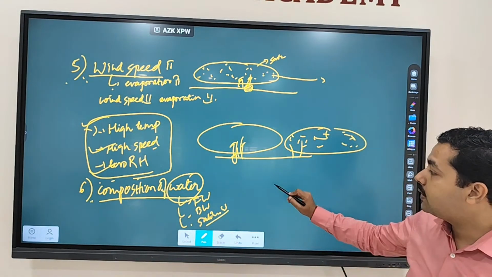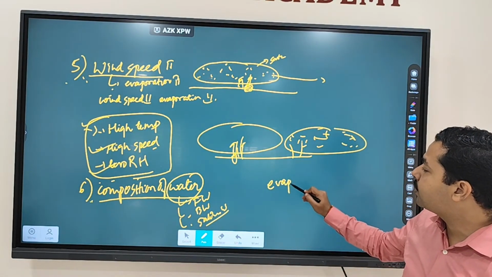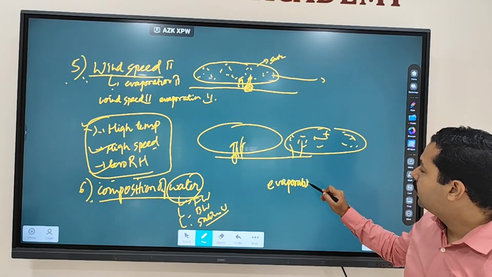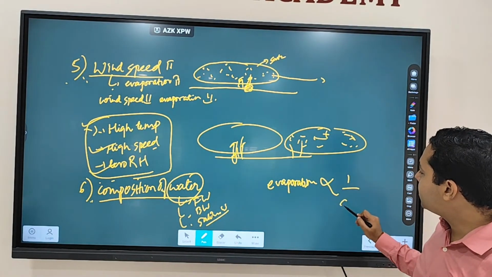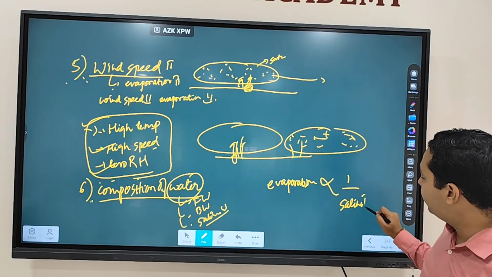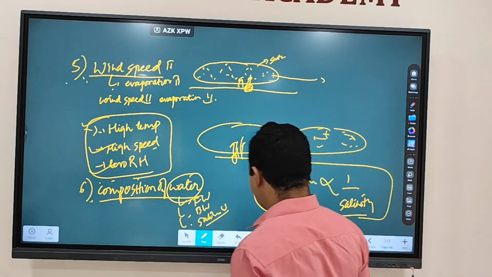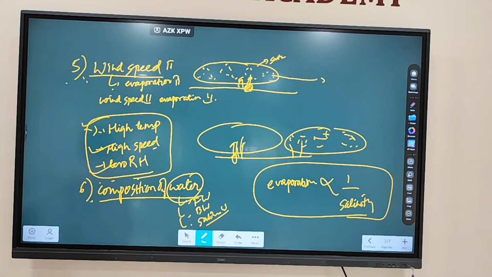So remember that evaporation is inversely proportional to salinity. If saline water is there, then less evaporation is going to be there. If fresh water is there, more evaporation is going to be there. So evaporation is inversely proportional to salinity. That you have to keep in mind.